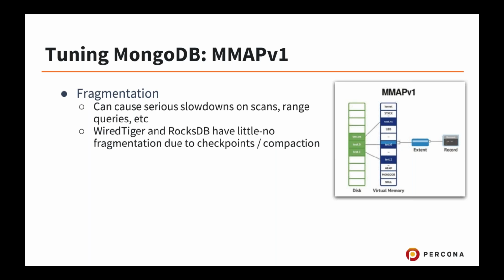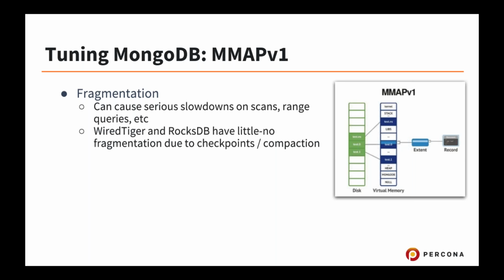And when those slots don't completely align to, let's say, a nice number like 10, little holes are left all over the place. And the problem that happens, especially on spinning disks, is the head on the disk has a lot more scanning to do to get to these different fragmented pieces of the data. So that's something that happens with MMAP.